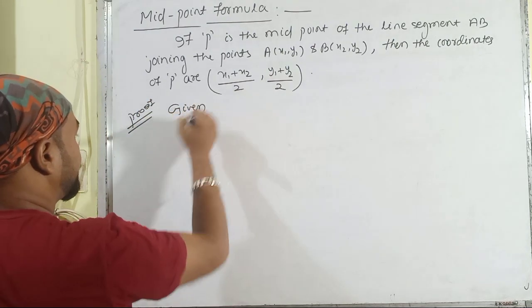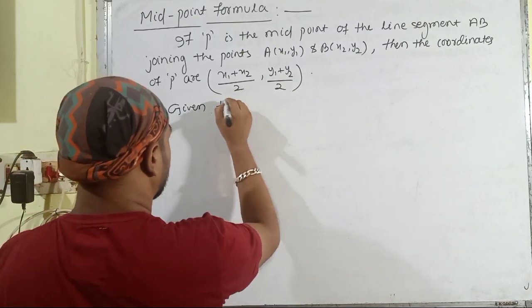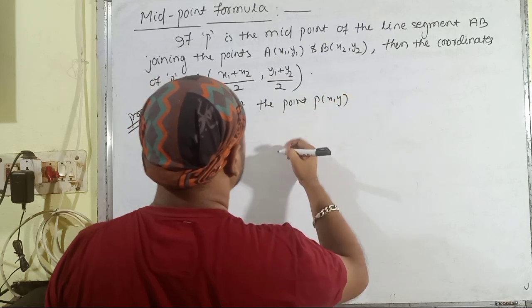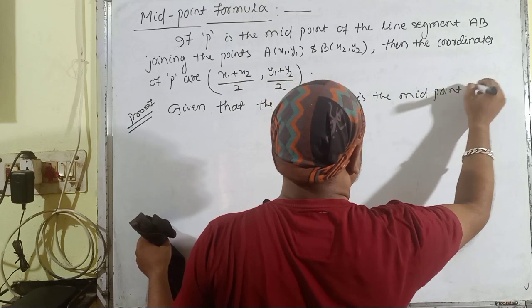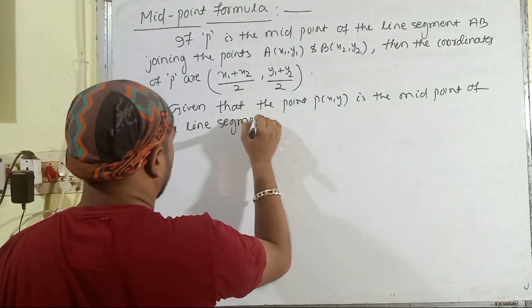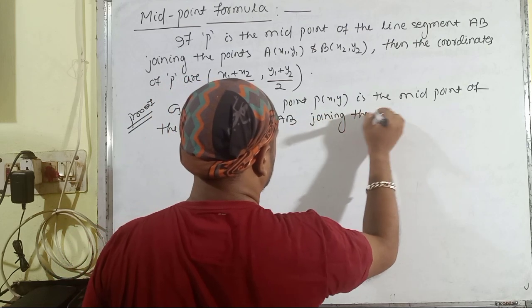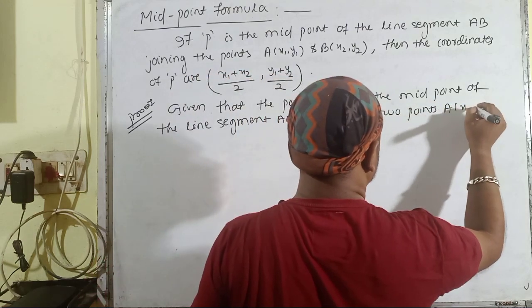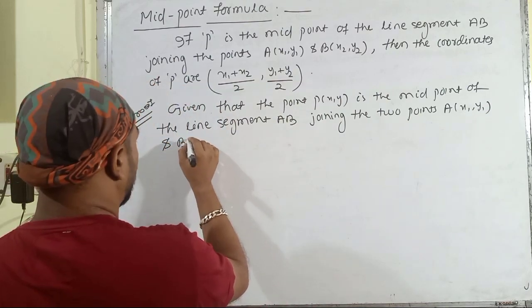Given that the point P(x, y) is the midpoint of the line segment AB joining the 2 points A(x1, y1) and B(x2, y2).